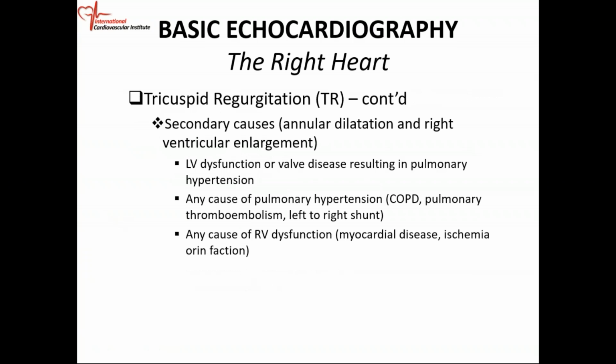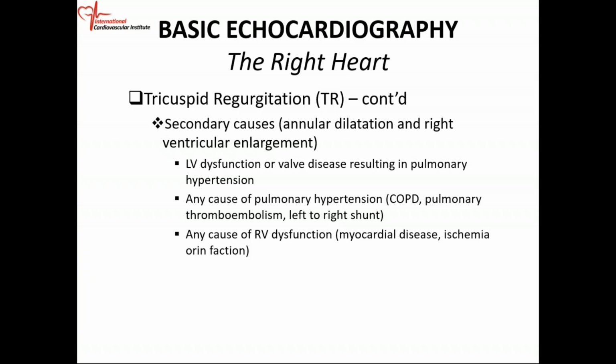Then secondary causes. If you have dilatation of the tricuspid annulus, the fibrous ring into which the tricuspid valve is inserted, if that's dilated, then you're going to prevent proper coaptation of the leaflets, and the patient will develop tricuspid regurgitation.